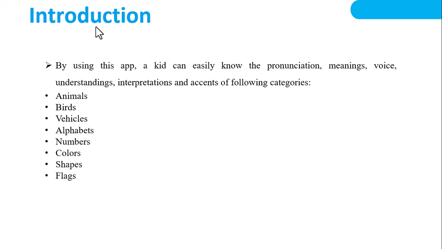These categories are: the first one is animals, the second one is birds, then vehicles, alphabets, numbers, colors, shapes, flags. I think the sufficiency of this mobile application for learning in different schools and homes is also explored.